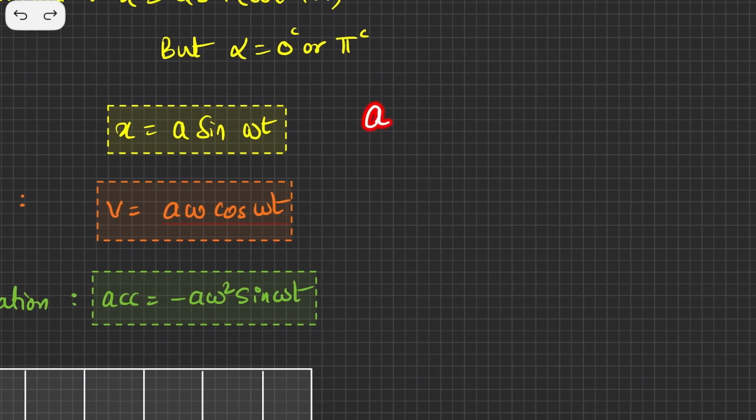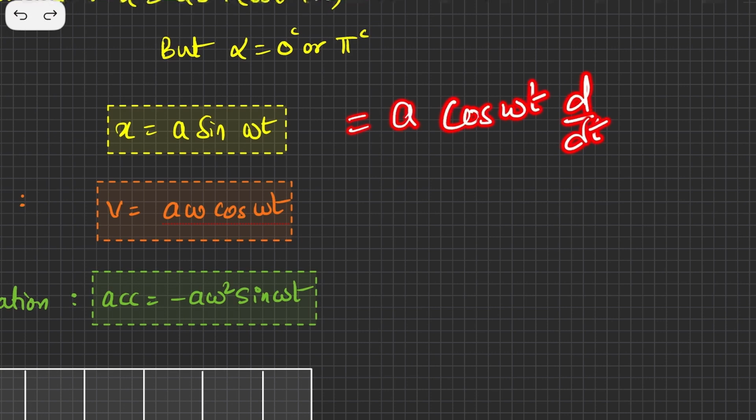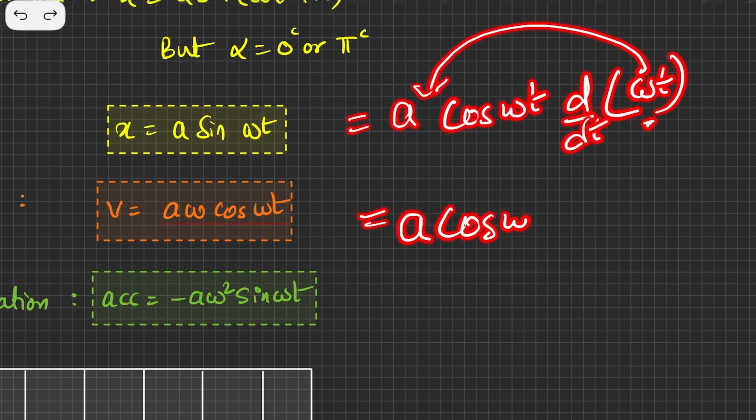So a is thrown outside, derivative of sine is cos omega t, and there is one more omega t, so we'll have to keep that separately: cos omega t and derivative of omega t. Now the derivative of omega t is omega. So I get a omega cos omega t. You remember the derivative of omega t is omega.